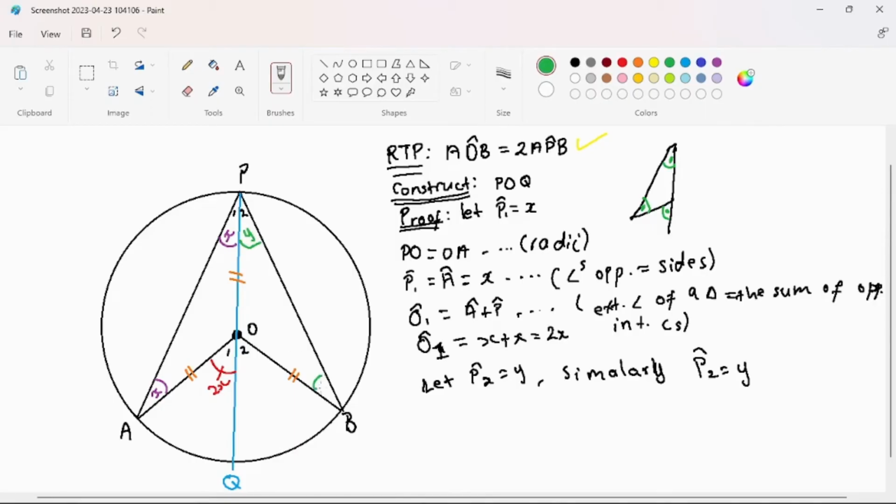And then we are also going to have our Y here. So it's not a must to write this in your proof, guys. You can just say let P2 equal Y, and we also know that if P2 is Y, the same thing that happened with X is automatically going to happen with our Y. So we know that O2 is going to be equal to 2Y, I mean.